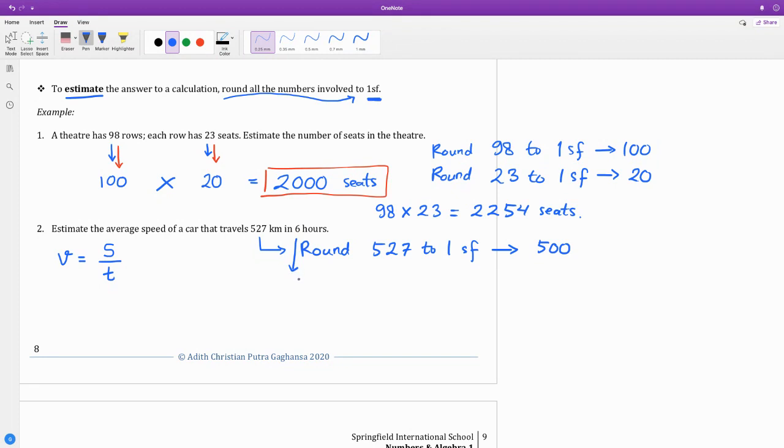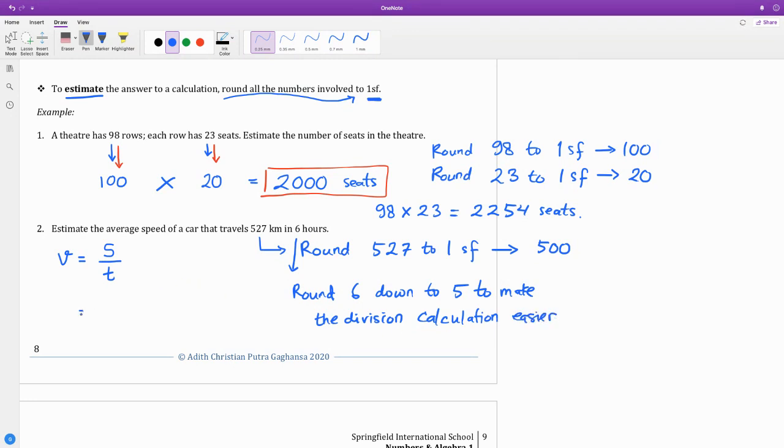Well, for this case, I think it's better if we round 6 down to 5, just to make our division calculation easier.